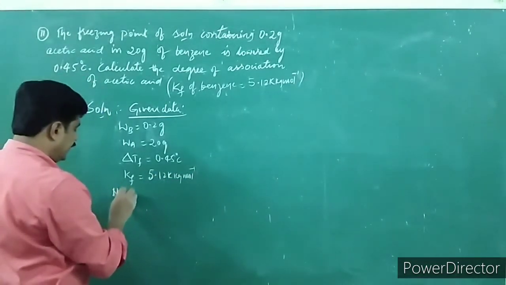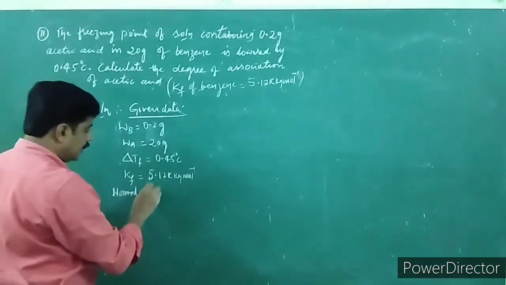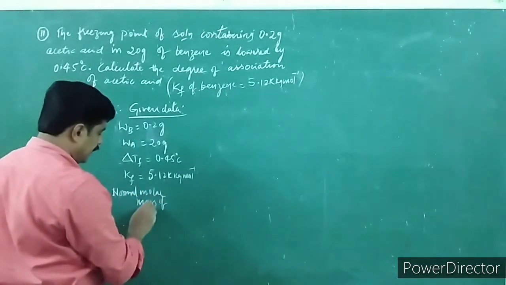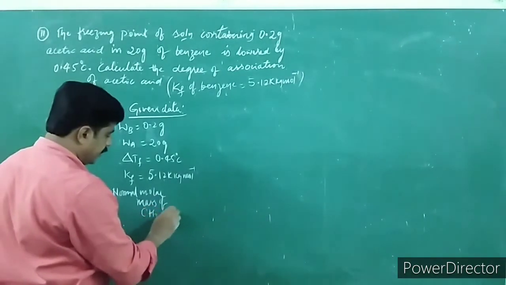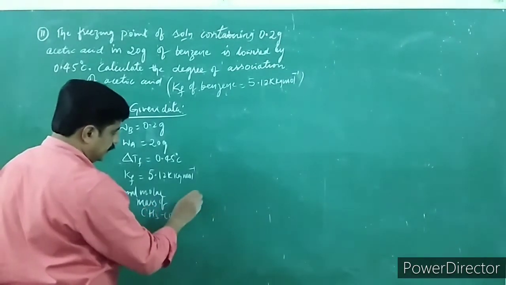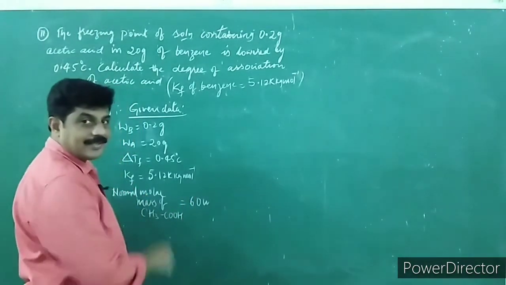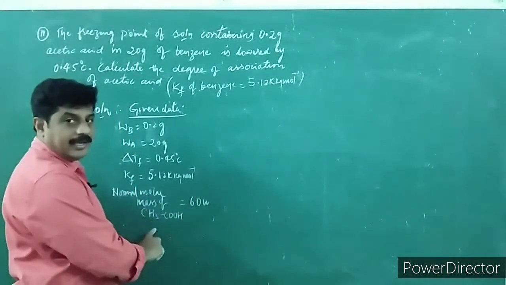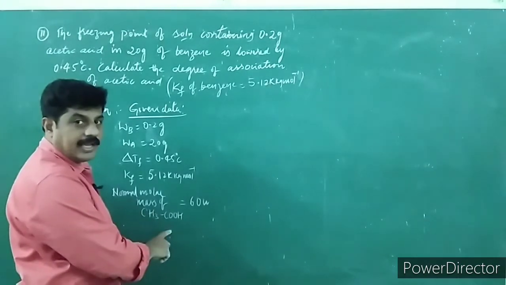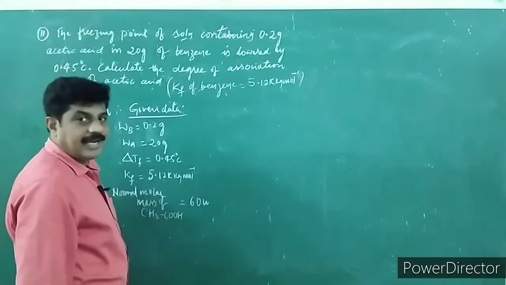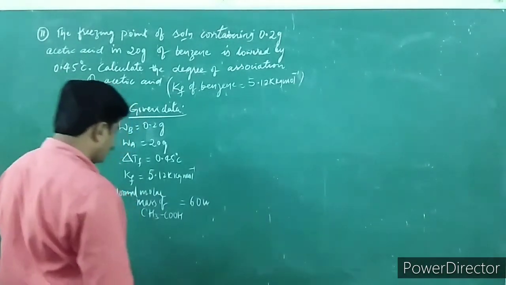And you should find out normal molar mass of acetic acid, CH3COOH. That will be 60 unified mass. How are you going to get this molar mass? You add the atomic mass of all the atoms present in the molecule, then you are going to get the molar mass of that particular compound.